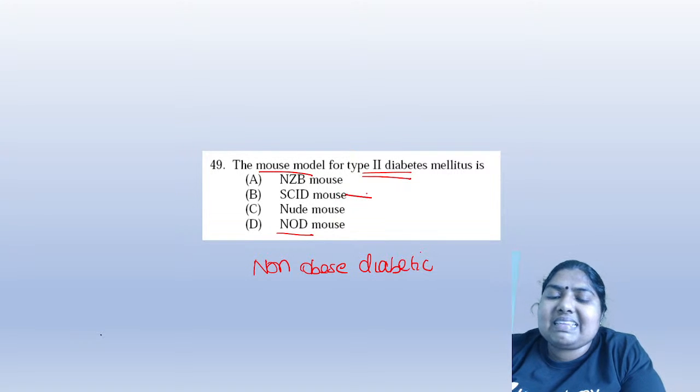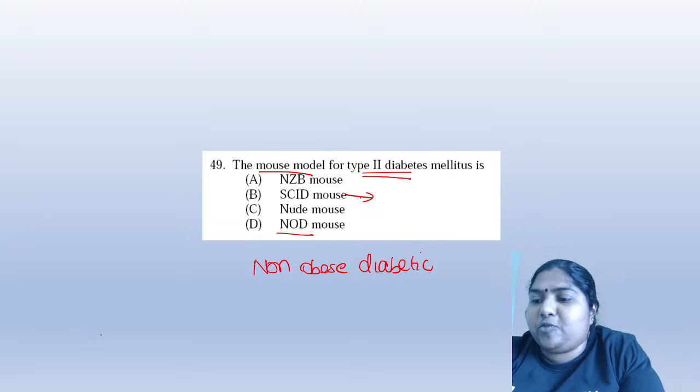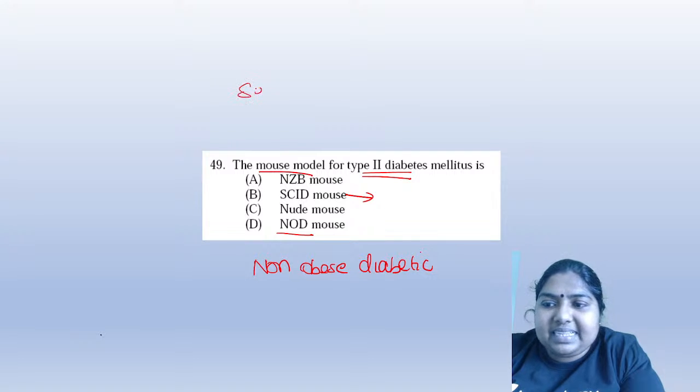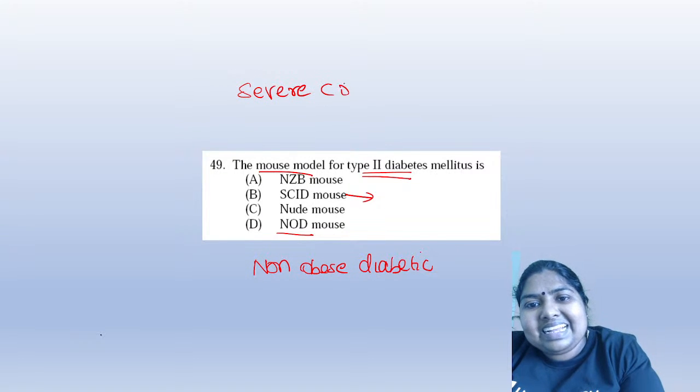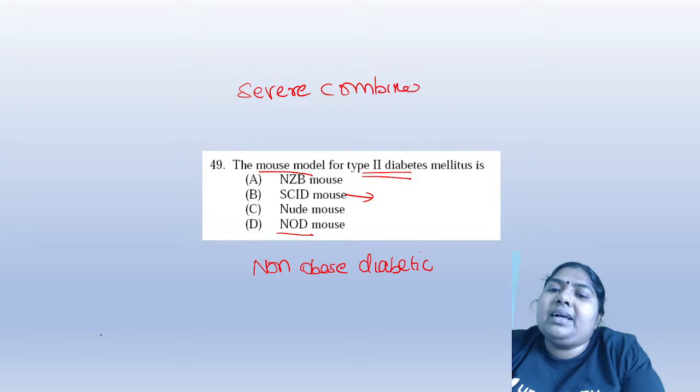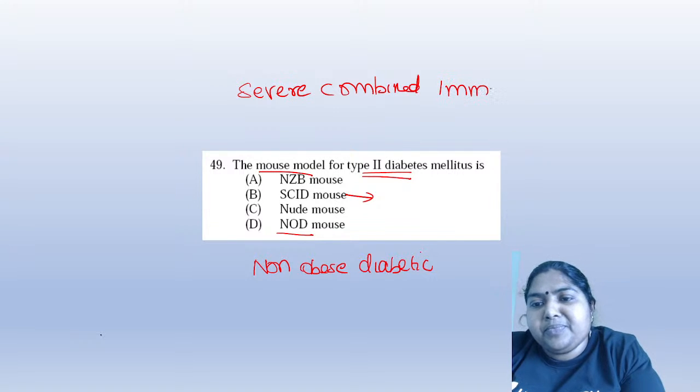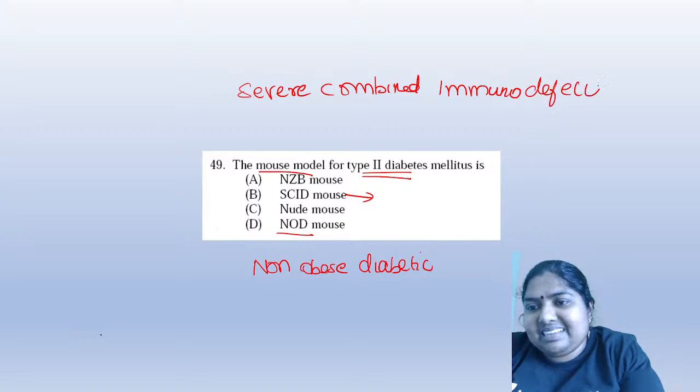So what is this SCID mice famous for? I told you NOD is non-obese diabetic mice, right? And alternatively you have this SCID mice, isn't it? Many a time you could have heard about the SCID mice. SCID means severe combined immunodeficient mice.